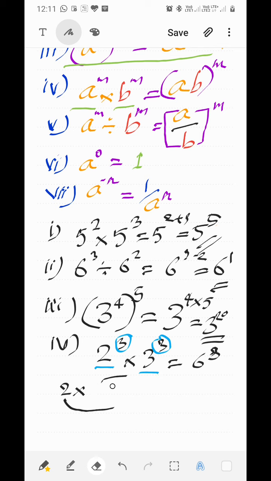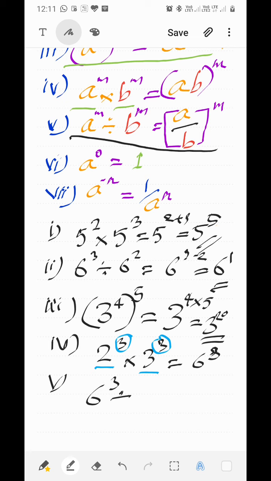So just giving the examples also. Only that examples. Then now fifth one. Fifth one is same as last one. It's different bases and dividing them. A raised to m. That is, for an example, we take 6 raised to 3 divided by 3 raised to 3.